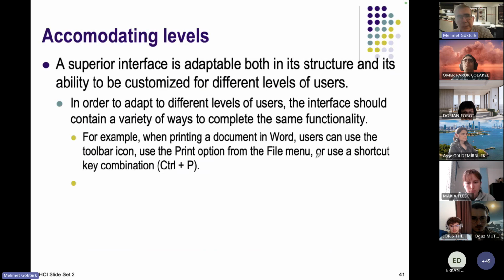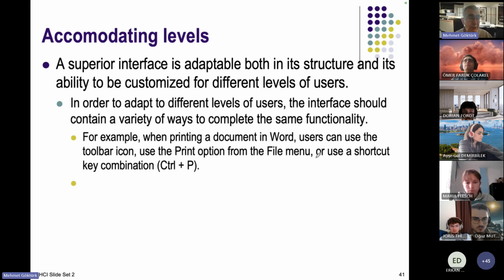Not all people are the same. A superior interface is adaptable in both its structure and ability to be customized for different levels of users. In order to adapt to different levels of users, the interface should contain different ways to complete the task, not a single way.